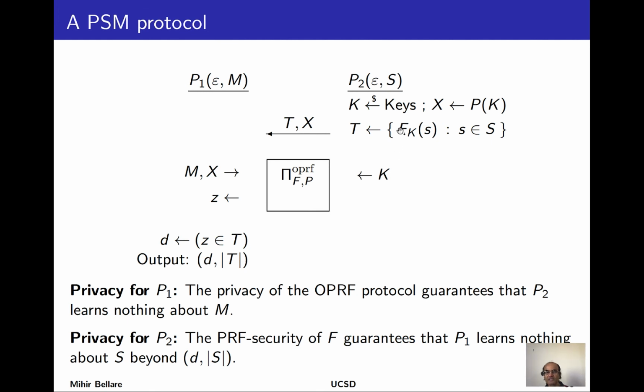P2's concern is to not reveal anything more about this set than the fact of whether or not this message M belongs to it. And that can be argued based on the fact that this function f is a PRF. So effectively, that's arguing that these values aren't really revealing anything about the set S other than its size.